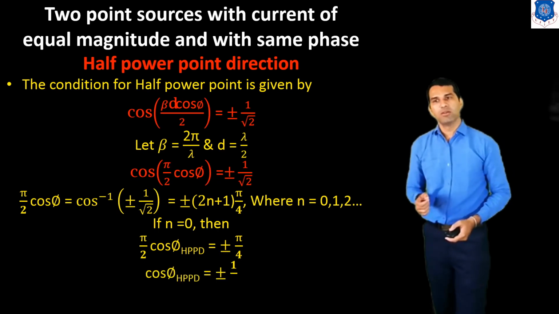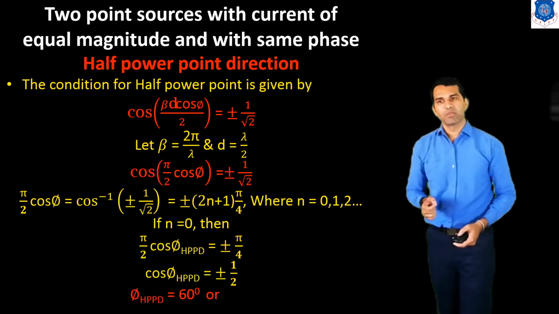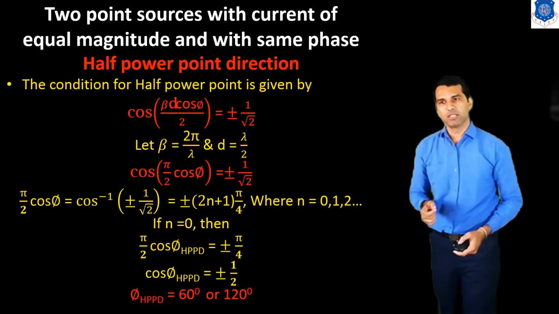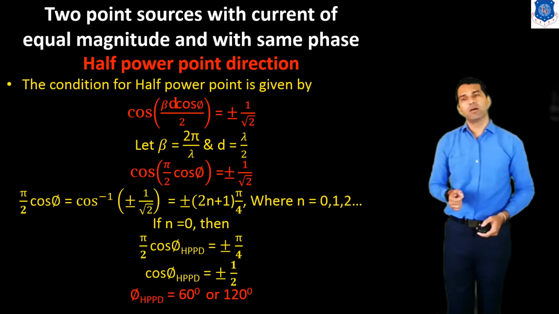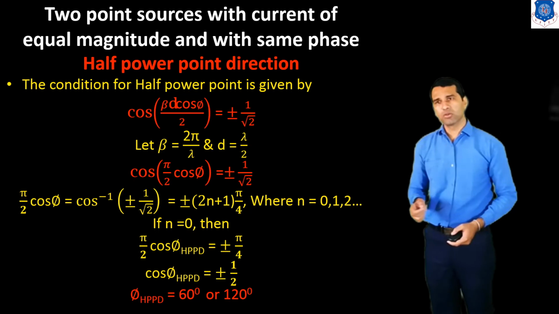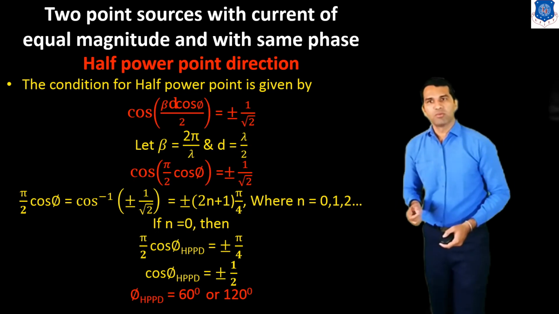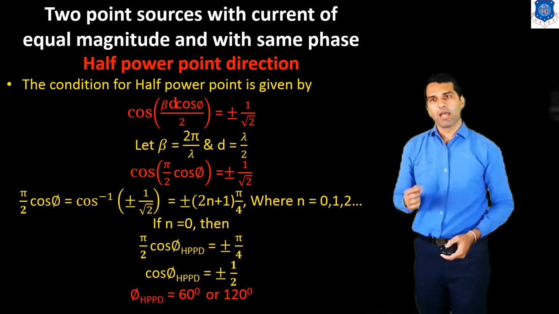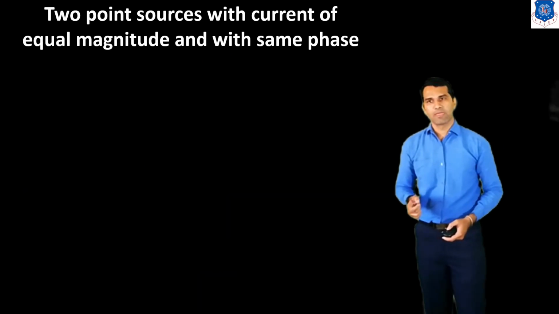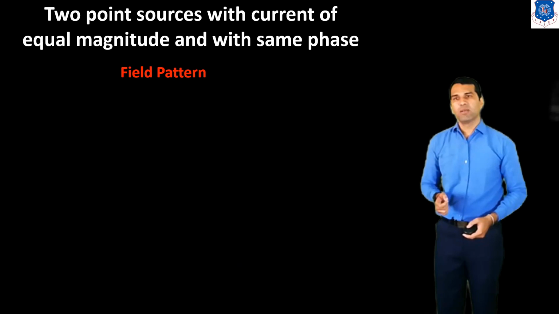When we solve, we get the half power points equal to 60 degrees or 120 degrees. This is the half power point for the 2 point sources with currents of equal magnitude and the same phase.